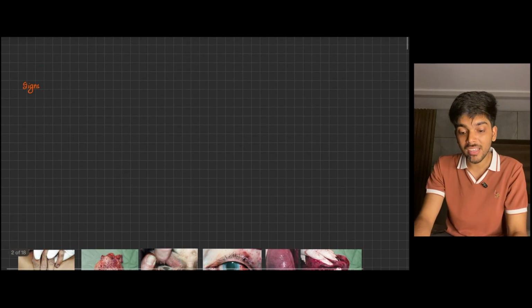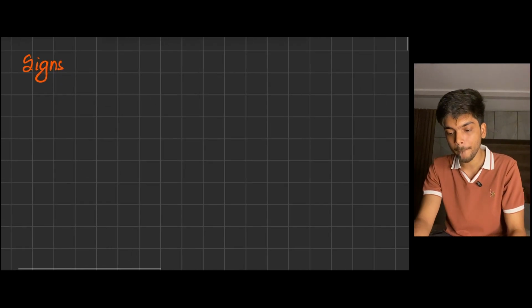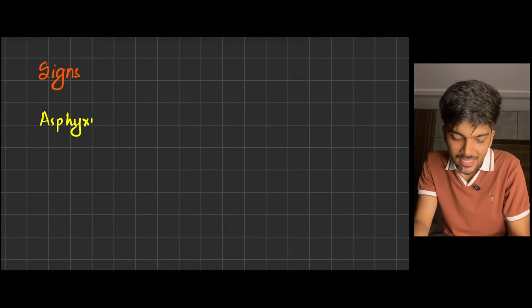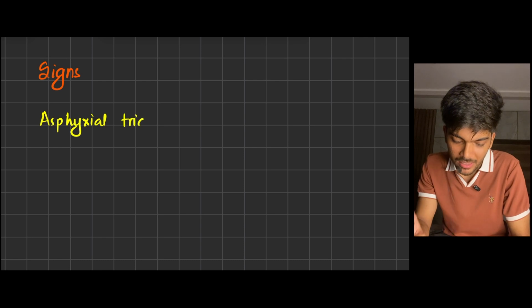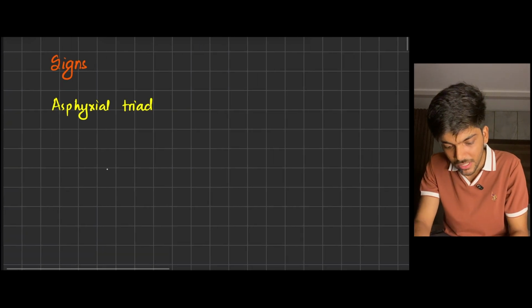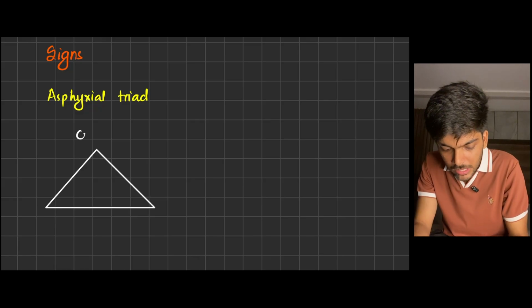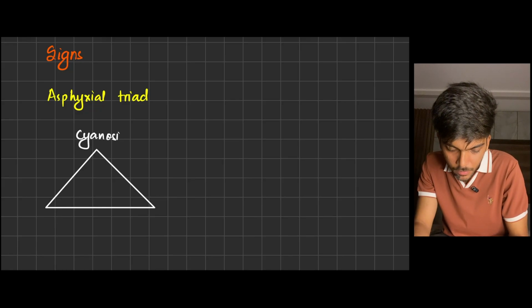Next, what are the various signs of asphyxia? So you have something called asphyxial triad. So there are three major signs of asphyxia, and they are number one, cyanosis, which is in the form of external finding.